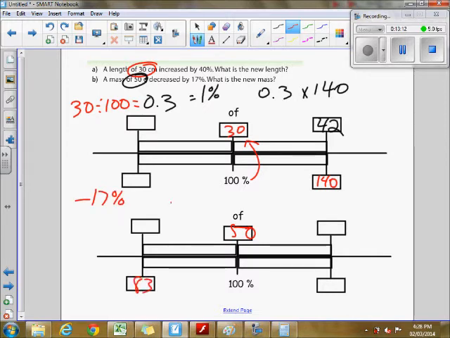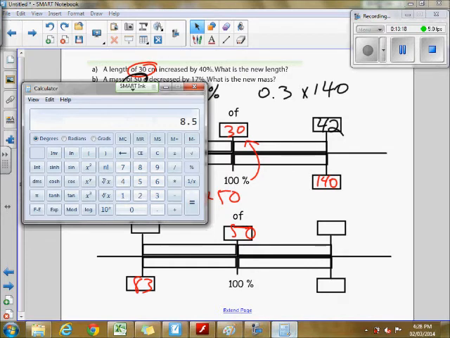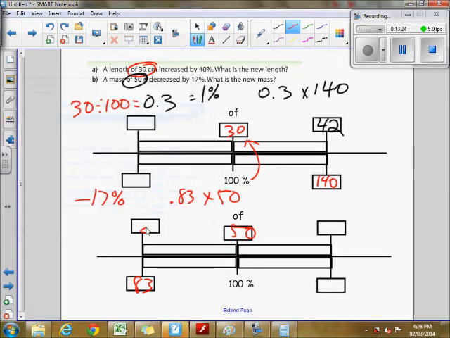We can multiply 0.83, because that's what's left, times 50. Gives us 41.5. So as you see, there are a number of different ways to solve the question. Trying to visualize what the clues you're given in the question and apply them to the chart or your numbers.